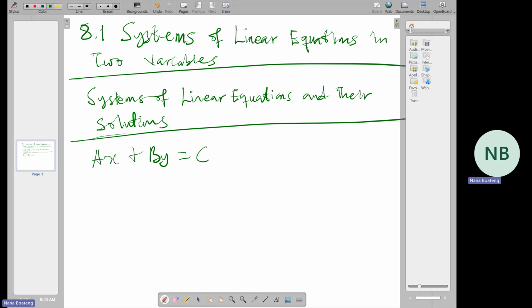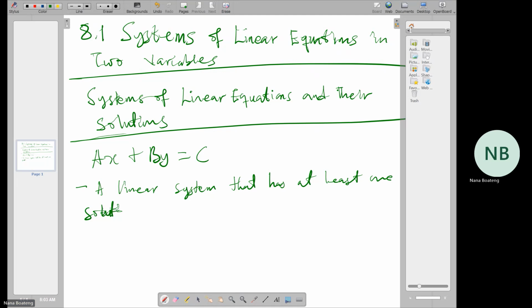The first one is a linear system that has at least one solution. It's called a consistent system.